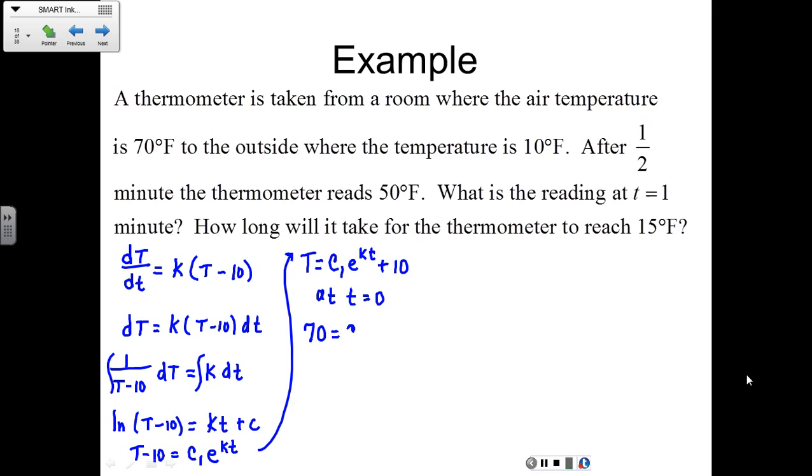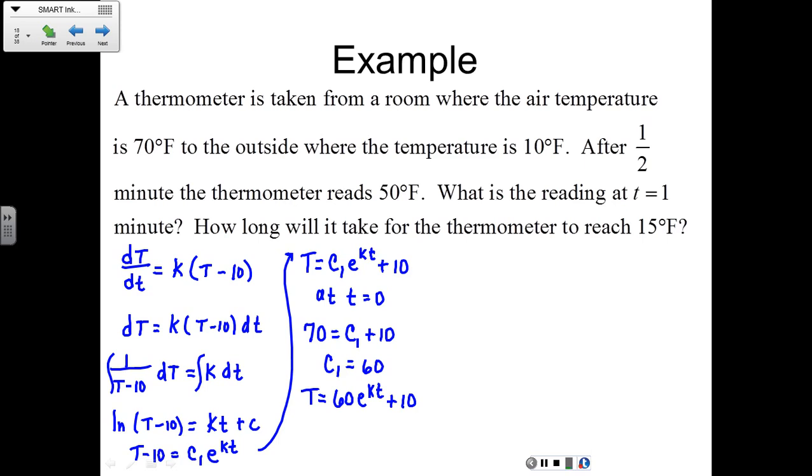So that's going to be C1 plus 10. So what's C1? 60. Remember, if you put in 0 right there, that becomes 1. So C1 plus 10. So here's my model update. 60 e to the kt plus 10.